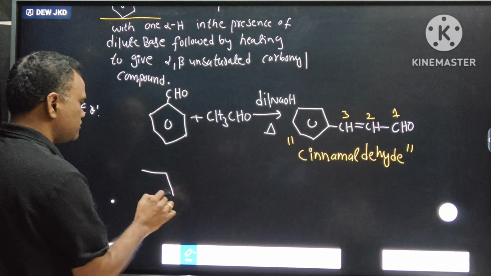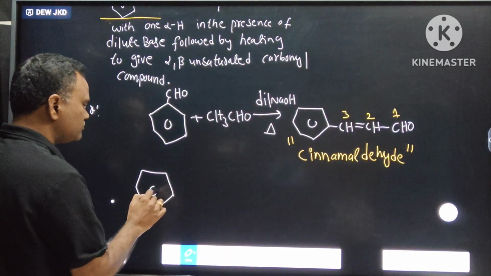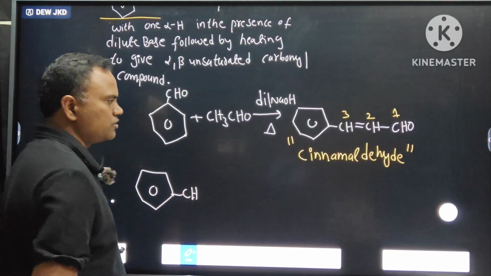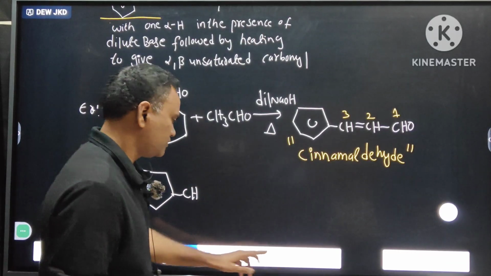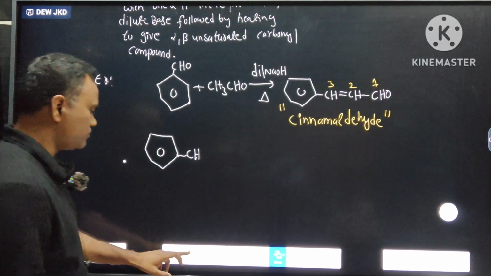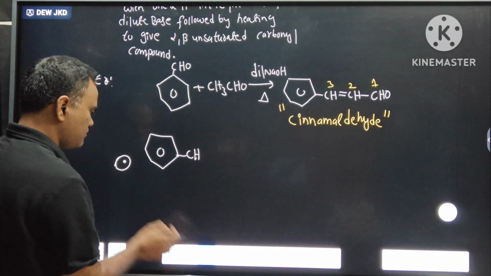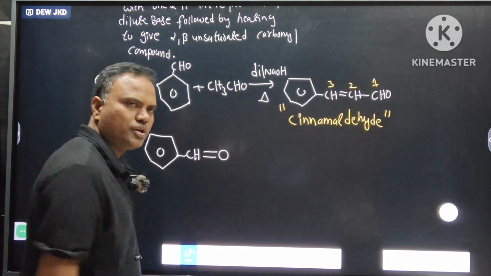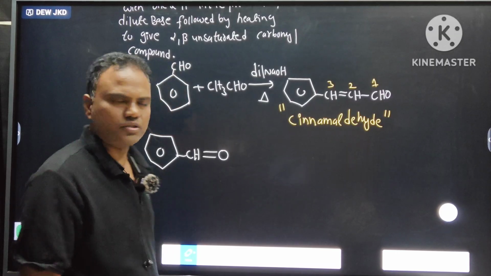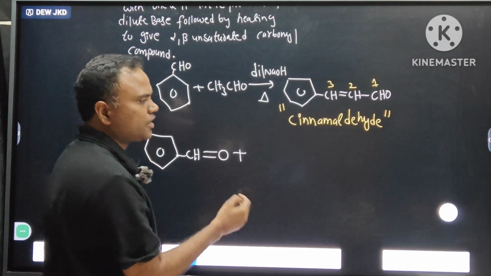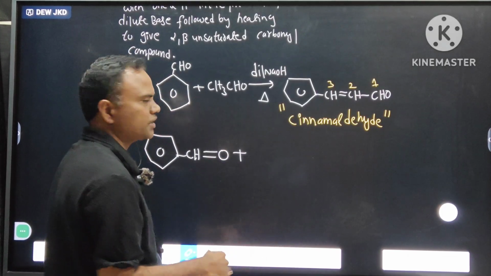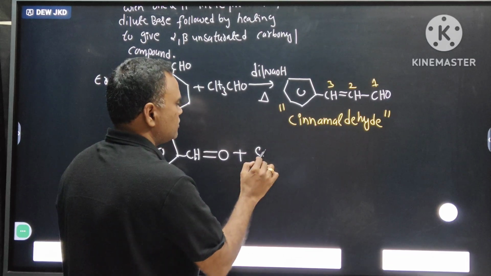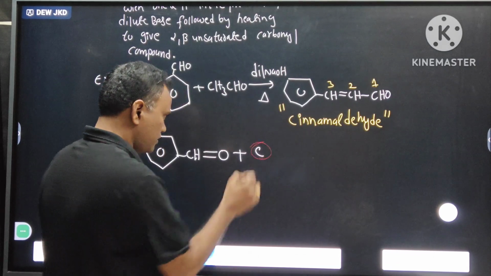See the shortcut mechanism. You know what the shortcut mechanism is? We write oxygen at the end, and from the second, we take alpha hydrogens.